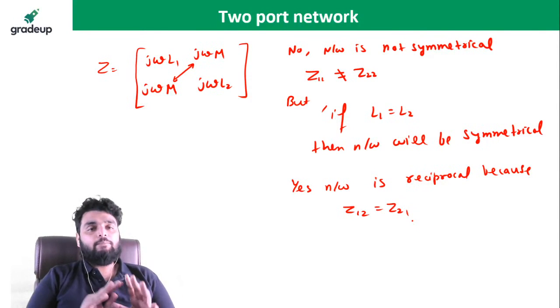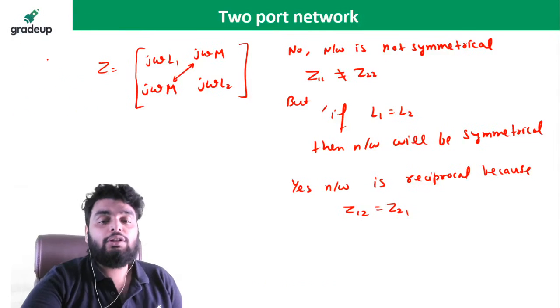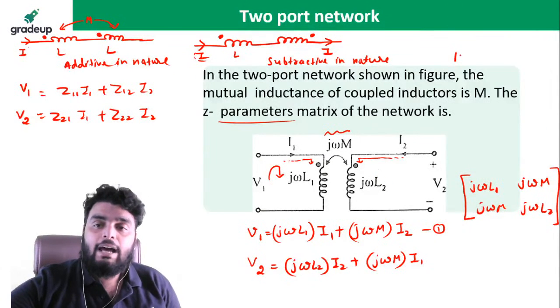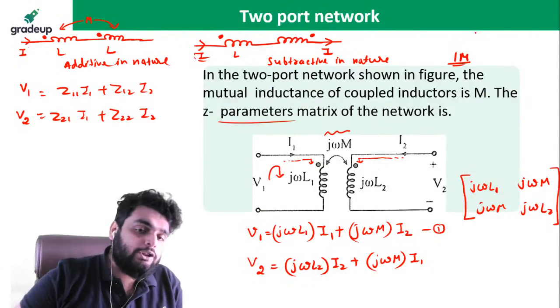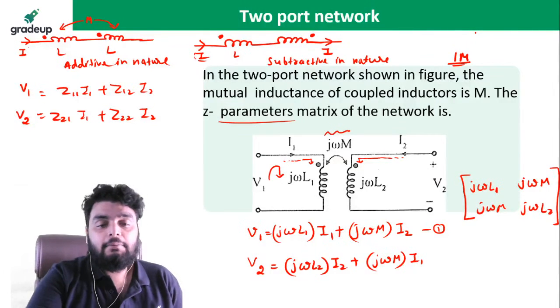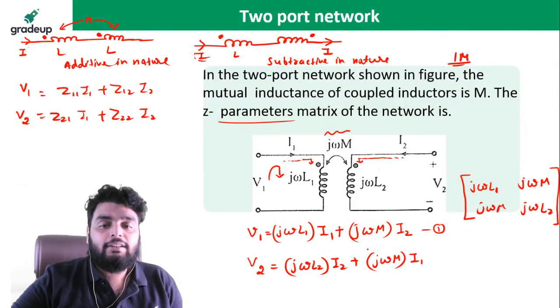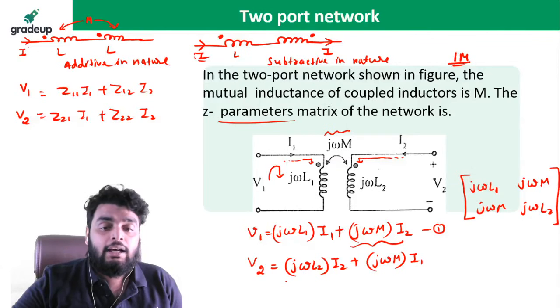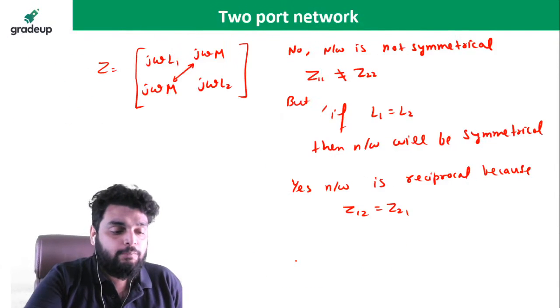It is a simple question, and this is a 1 mark question. For every question I will tell you the level of that question. The only concept you should know is understanding the voltage here, the mutual reactance voltage.